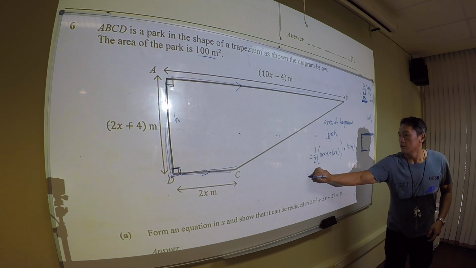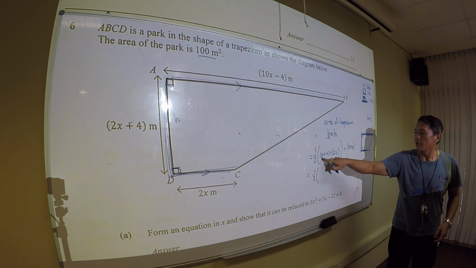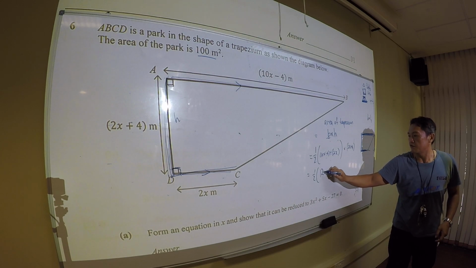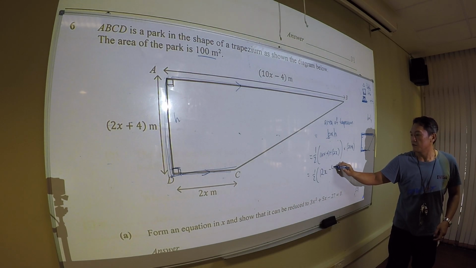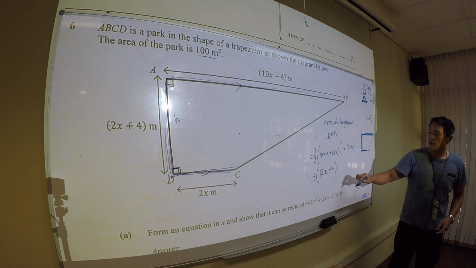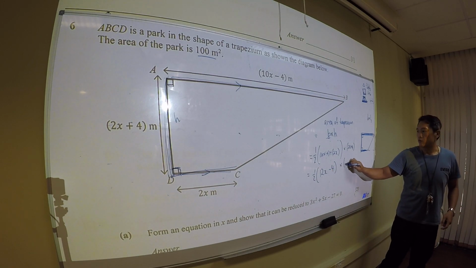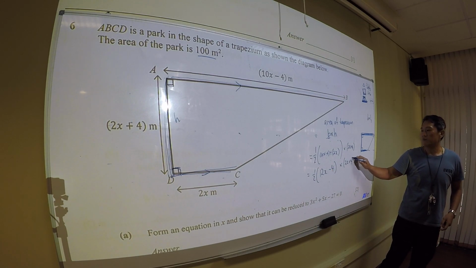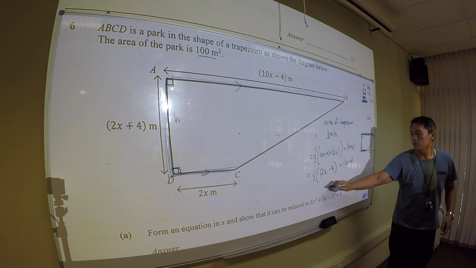Okay. So 10x plus 2x is 12x, minus 4 is just minus 4. Then I need to divide by 2. I added them together, so I need to divide by 2.